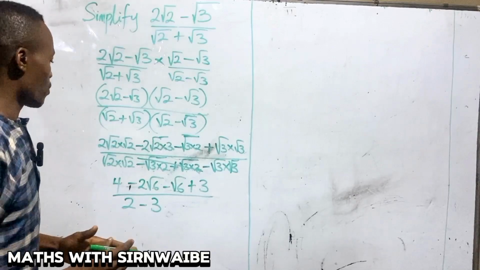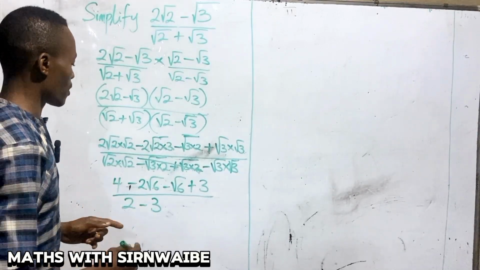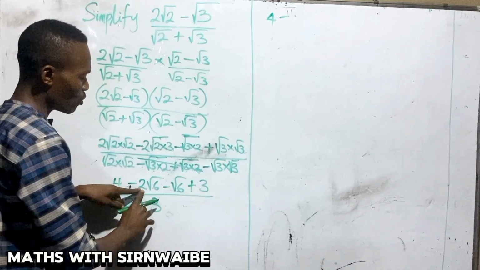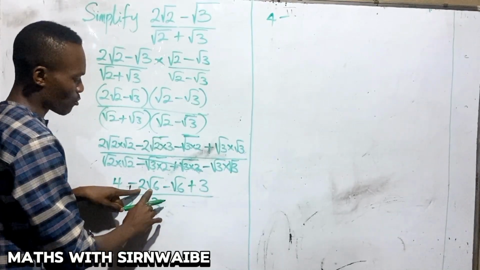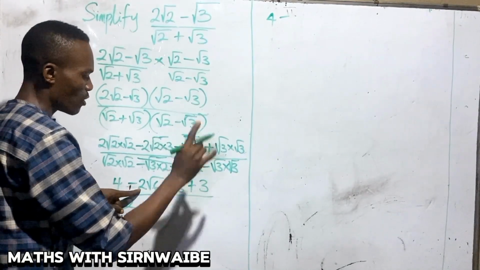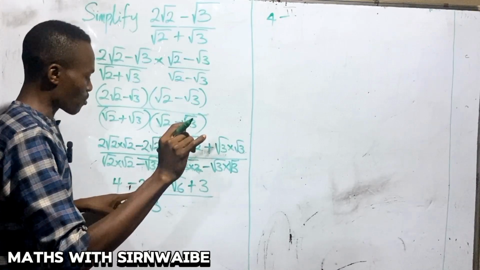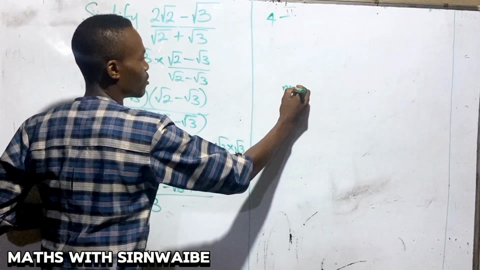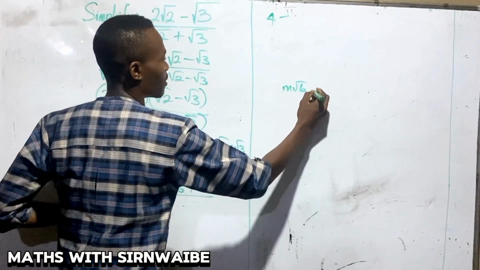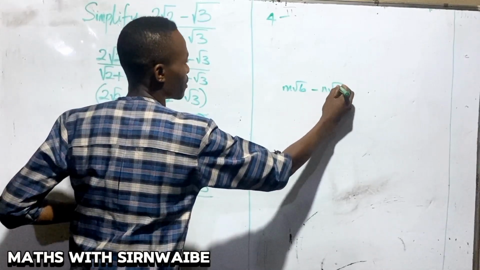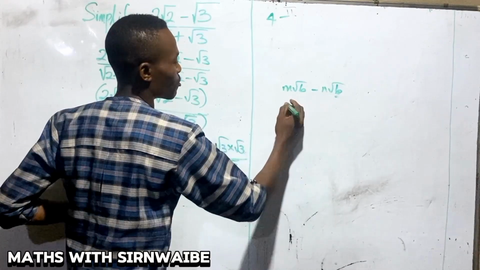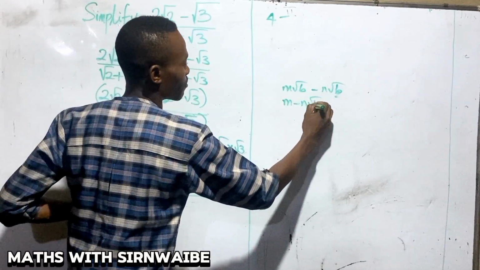Alright, so based on what we have now, we simplify it further. We have 4 minus, look at this here, we have √6 minus √6. If you can remember the subtractive properties of surds, when we have m√b minus n√b, it will be (m minus n)√b.